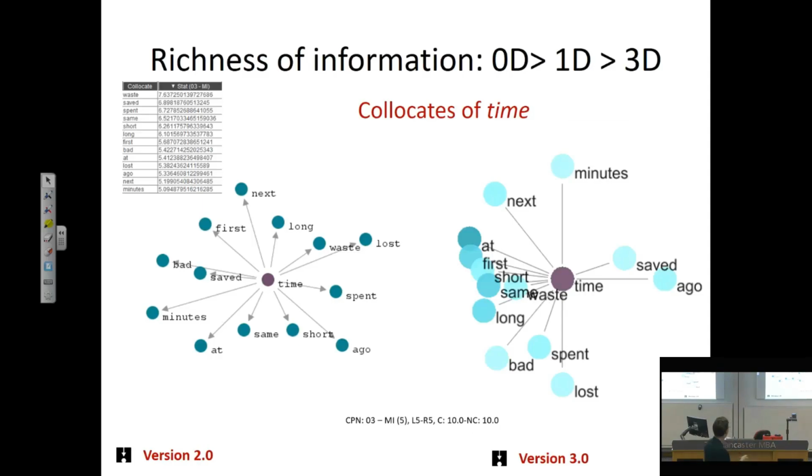So here we would display the exact mathematical position of the collocate in text and corpus. So we know that words such as short, waste, same, long, first, at precede time, in most cases. Whereas words such as ago or saved would follow.